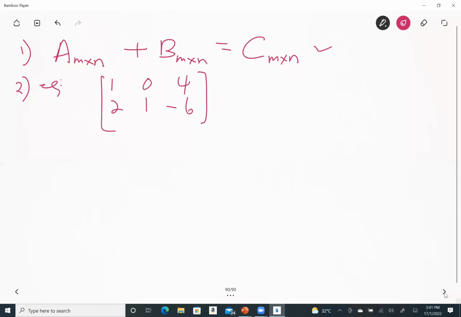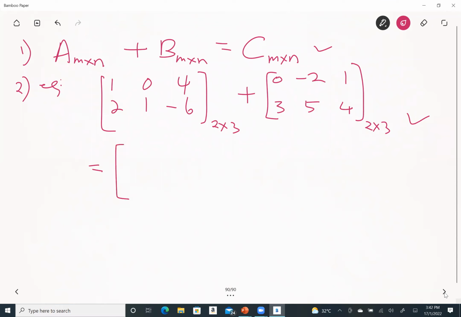That is A. This is a 2 by 3, so you can add it to a matrix B that is also a 2 by 3 matrix. Let's say here 0, -2, 1, 3, 5, 4. So here you have a 2 by 3, and you can add. The sum will be the same size, 2 by 3.